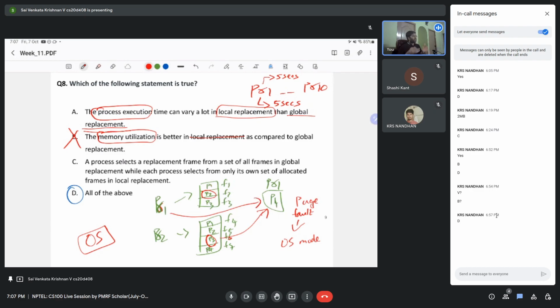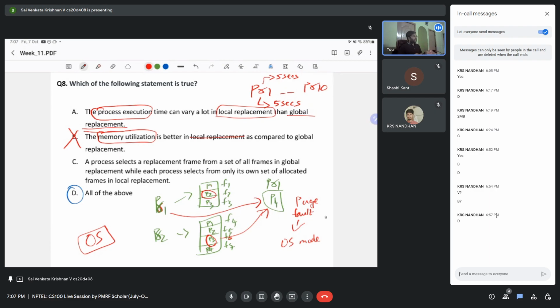Based on that input, some reference string is produced and some set of pages are referenced.